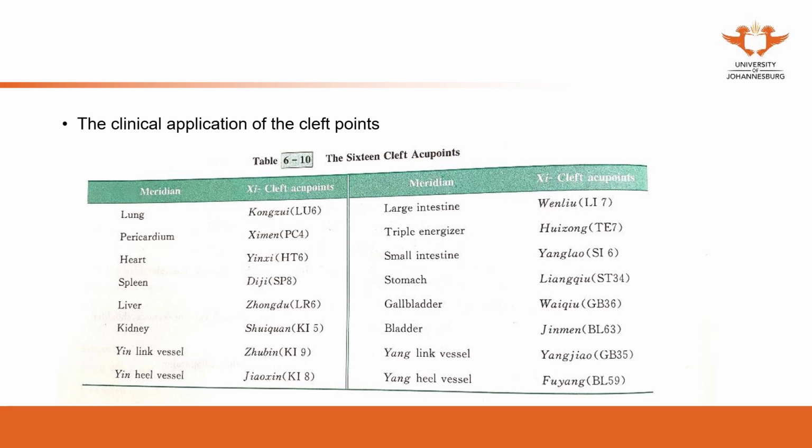So the cleft points can be used for the acute stage, for emergency, for different kinds of pain. It also can be used for diagnostics. So all these points that we have introduced, many of them can be used for diagnostics. The cleft points of the yin meridians, some of them also can be used for bleeding, for different types of bleeding.